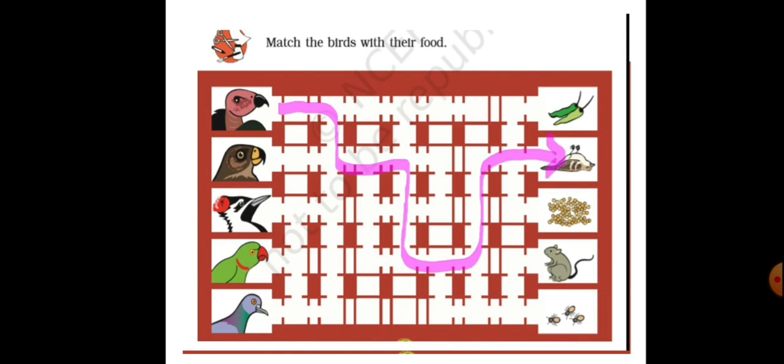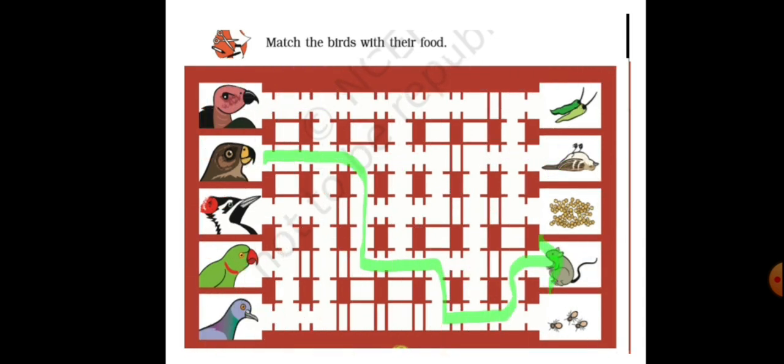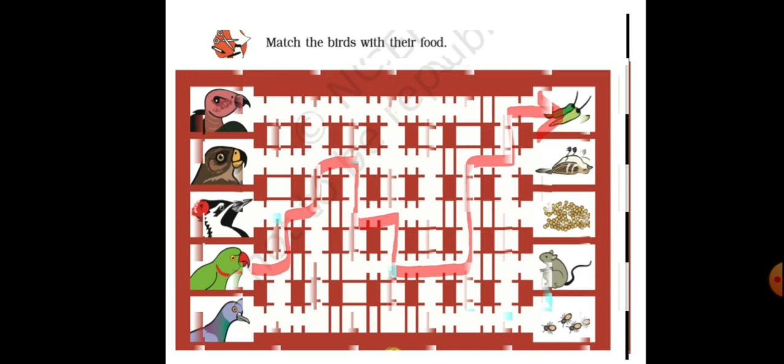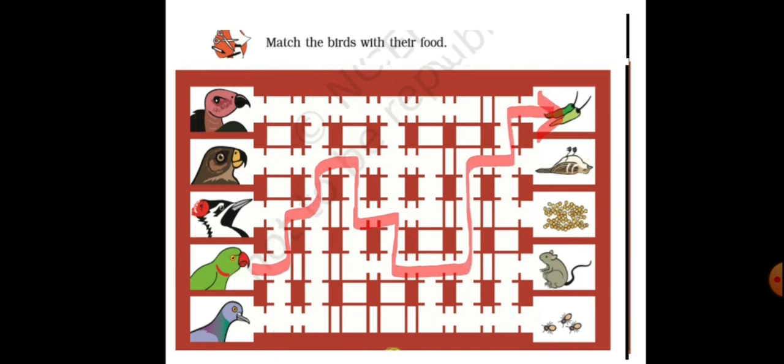What will the eagle eat? Perfectly, the eagle will eat the mouse. Okay, now the woodpecker, it eats the insects in the holes of the trees. Where is the insect? Yes, this last one is the insect. Correct. Parrot: I love to eat guavas and chilies. Look at the parrot. Oh, it has reached the food.